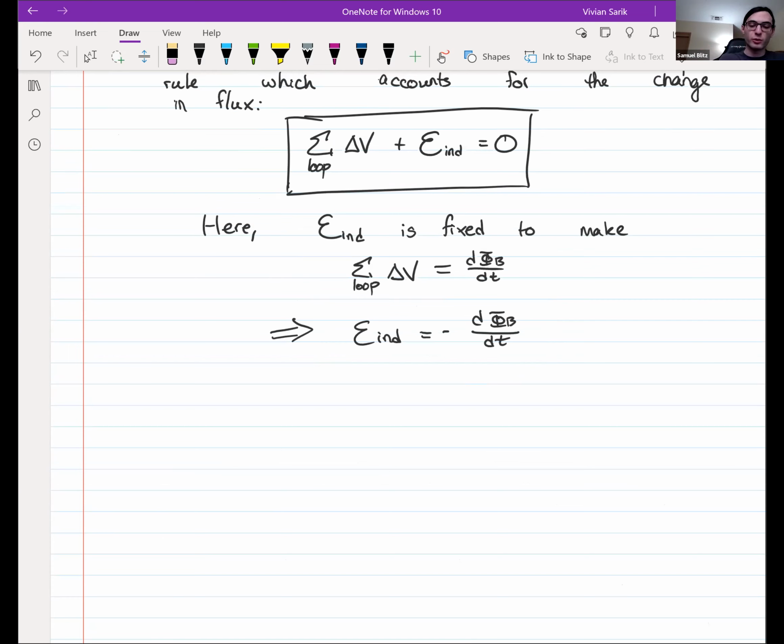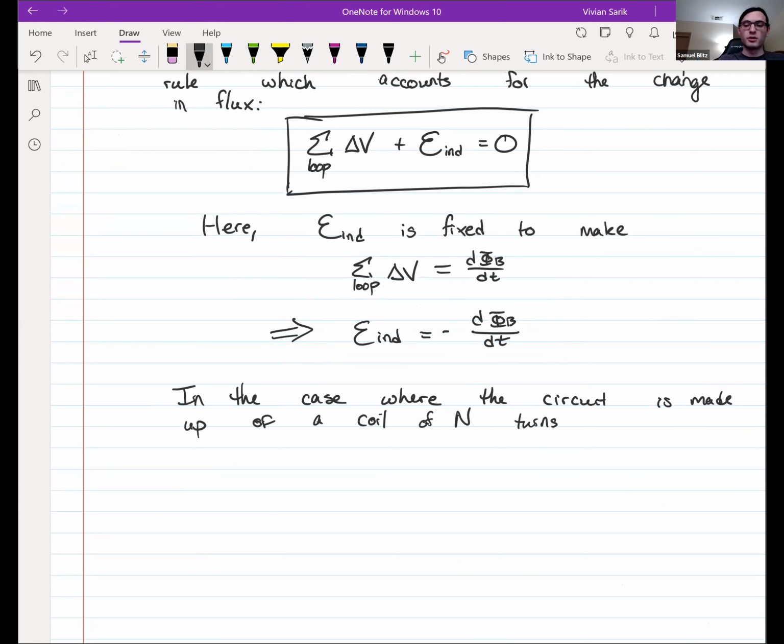In the case where the circuit is made up of a bunch of coils, of say n coils, or a coil of n turns, so think like a solenoid, then the flux through each of those loops, each of those turns, contributes to the induced EMF.